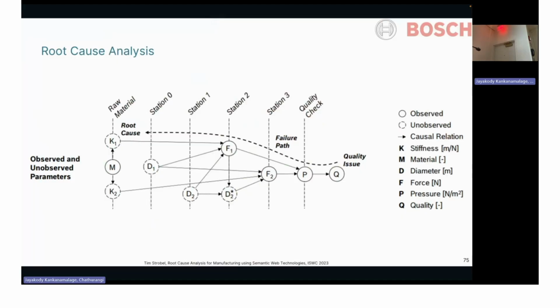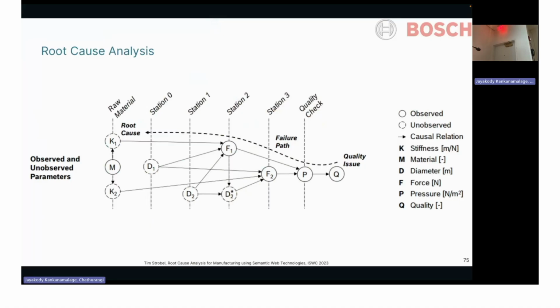At the other end, we see the observed and unobserved parameters. So the observed ones are actually ones that we have sensor values measuring, something we can actually write down in the data sets that they upload here. If we're only looking at that kind of data, you would see, okay, the root cause is within station 2, and it's a function, F1 here.